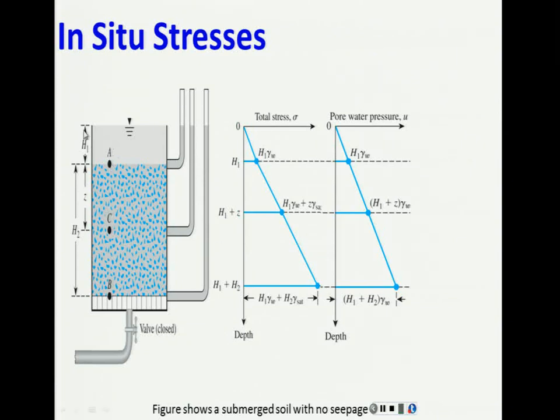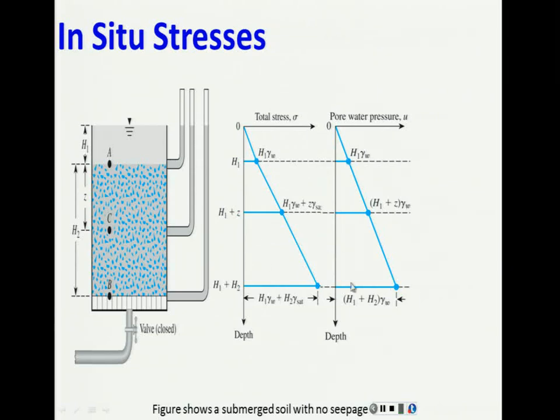Of course it makes sense. Why? Because there's no soil, and effective stress is just provided by the intergranular stress between the particles. There's no particles, there's no soil, so this minus this is going to be 0 also.